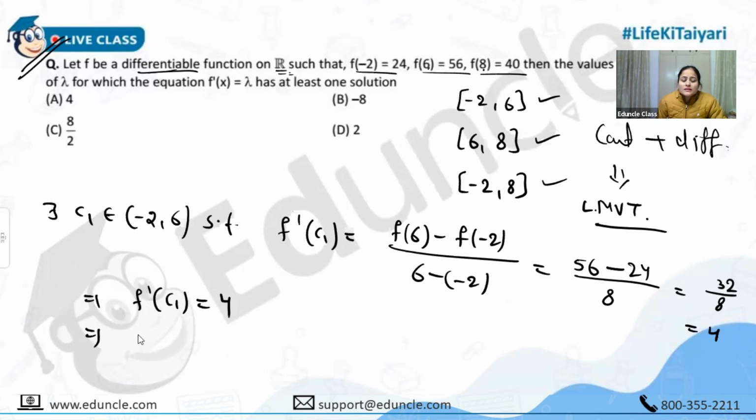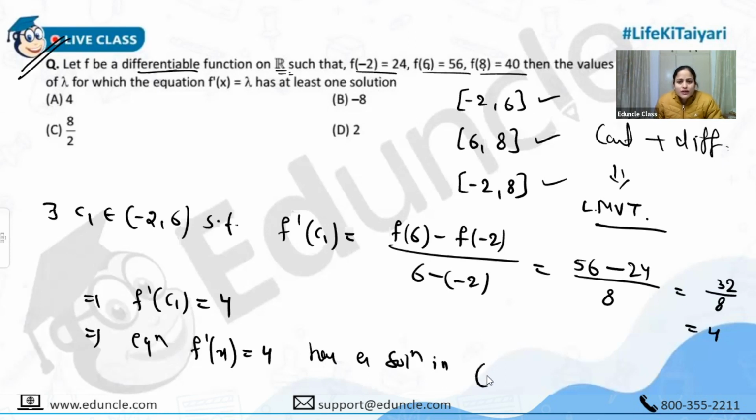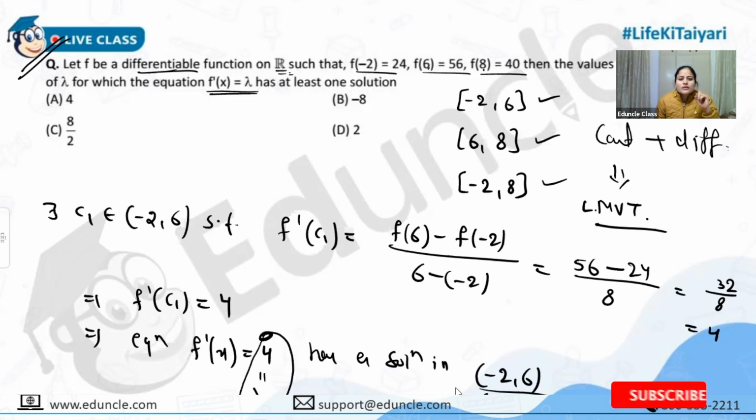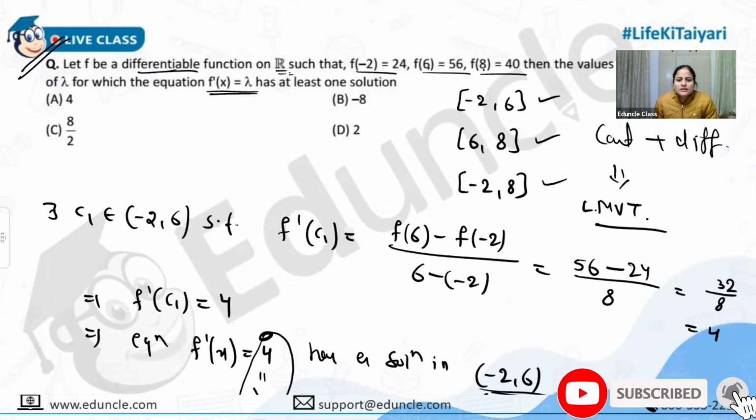This implies the equation f dash x equal to 4 has a solution in the interval -2 to 6. So lambda equal to 4 is one possible value of lambda, for which this equation has at least one solution in this interval. Clear?